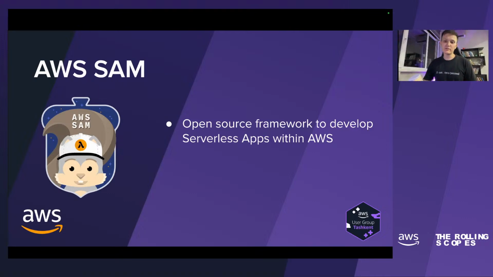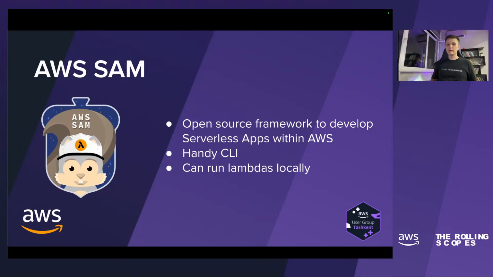And SAM also provides a very cool command line interface, which can be used to manage your infrastructure and your serverless application. One more killer feature of SAM is that it is able to invoke and run your Lambda code locally.